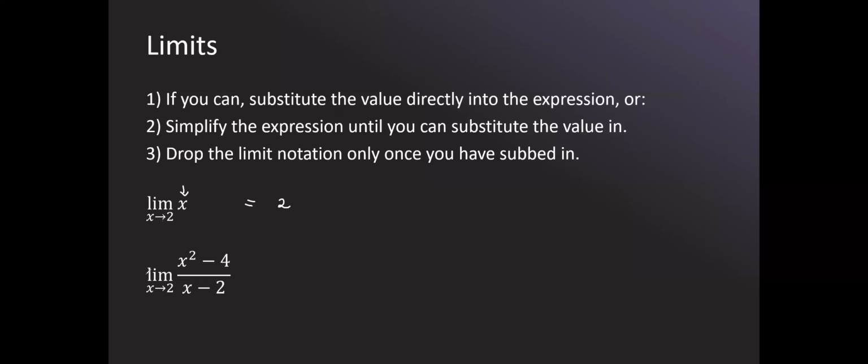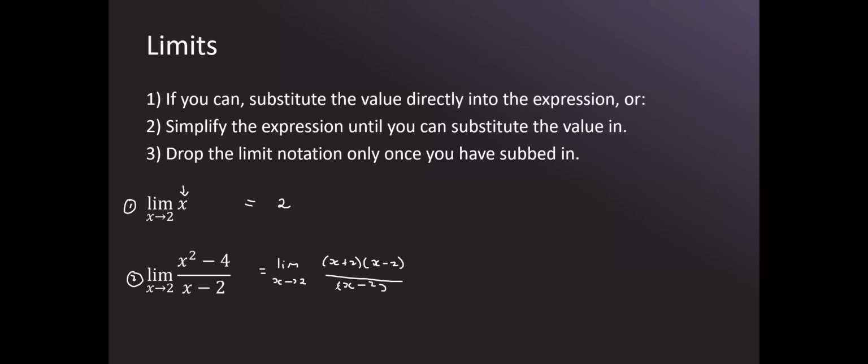Now for the next question, I'll say question 1, then question 2. For question 2, we cannot substitute x to be 2 because we're going to have 2 minus 2 in the denominator, so we need to simplify. I'm going to say equals the limit as x approaches 2 of (x plus 2)(x minus 2) and x minus 2 in the denominator.